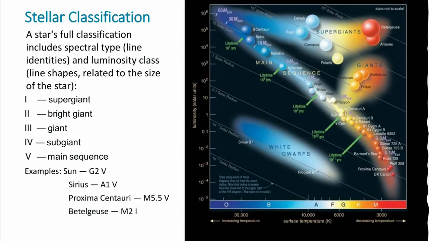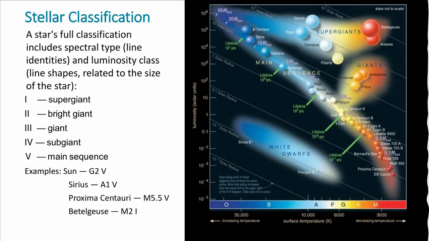So for example, the sun is a G star, and then the 2 is basically, the spectral types cover a very large range of temperatures, and so we subdivide the G letter into 10 different segments, and so the sun is a G2. Then we add a Roman numeral after that to say what kind of star it is.